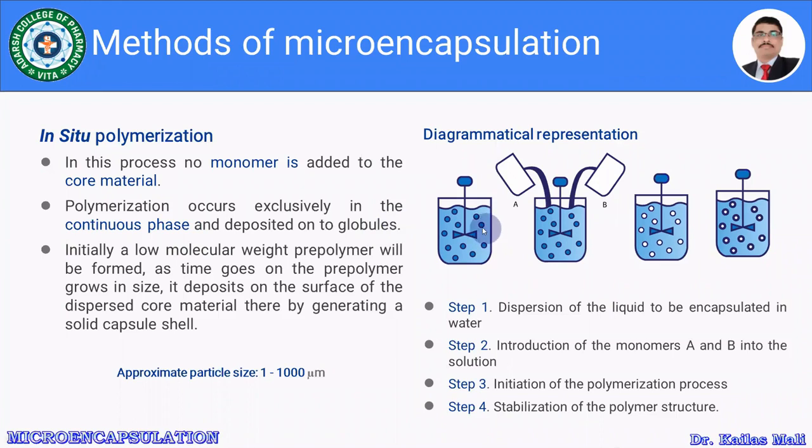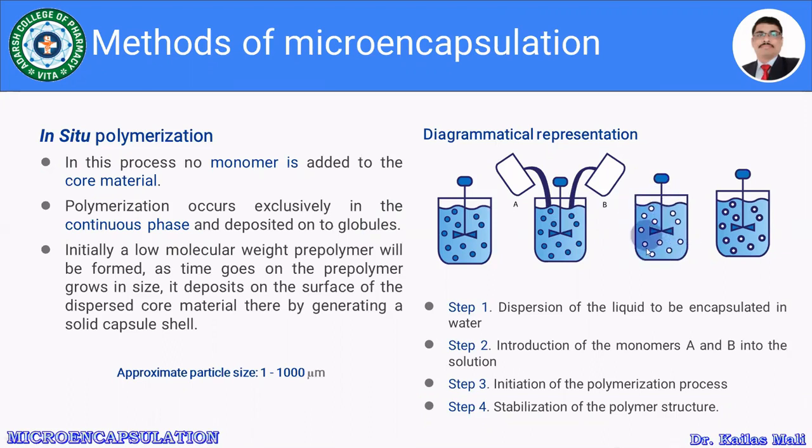Initially prepare the core phase, prepare the continuous phase, and mix to get the emulsion. Then in a second step, add the monomer A and monomer B, which are dissolved in the continuous phase. Initiate the polymerization. After initiation, the polymer gets deposited at the liquid-liquid interface.